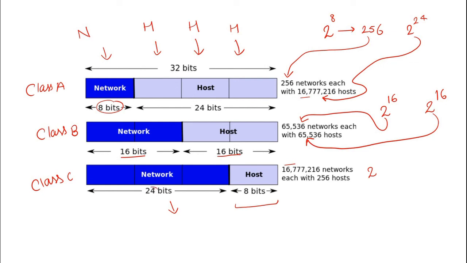The network bits are 24 here, so you write 24, and obviously you can use your calculator to get this value. For the hosts, we use 8 bits, so 2 to the power 8 gives you 256.